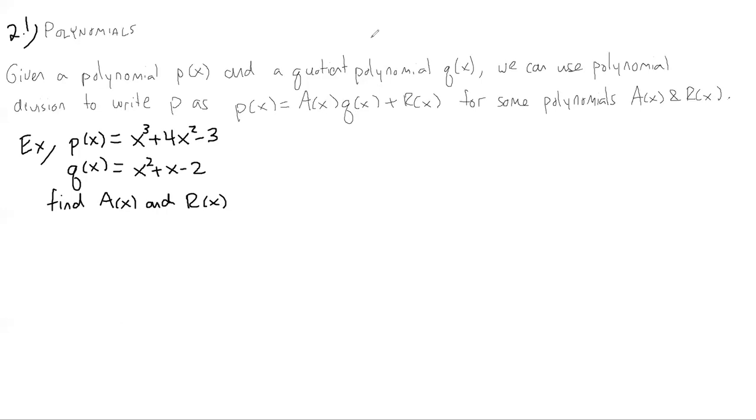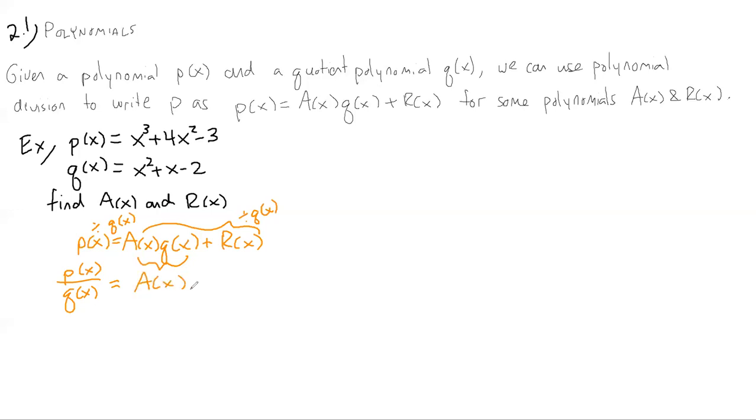If you look at the way that I wrote this, we have P of X, and I rewrite this as P of X equals A of X times Q of X plus R of X. So what I'm going to do is divide the left side and the right side by Q of X. And so what we'll get is P of X over Q of X equals, in this first term here, the Q's just cancel and you're left with A of X. And we still have to divide the R by Q.